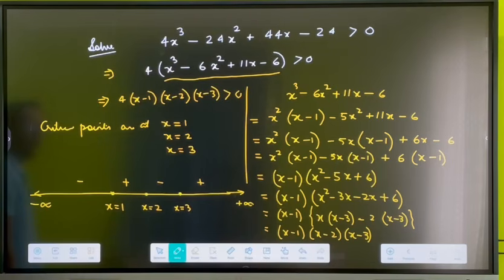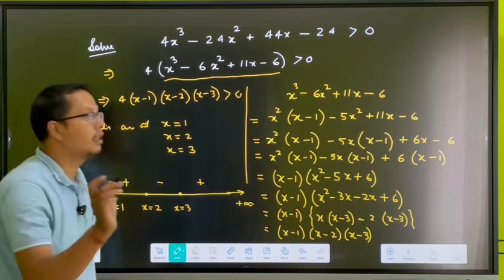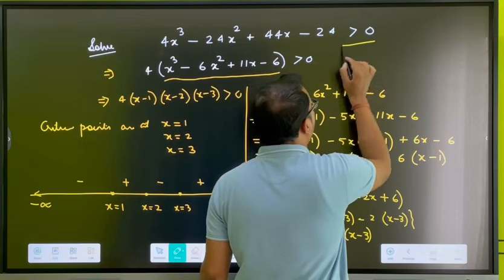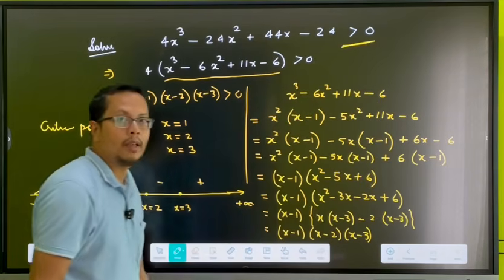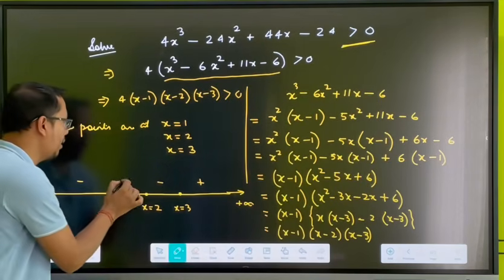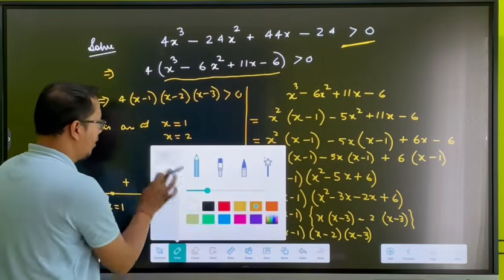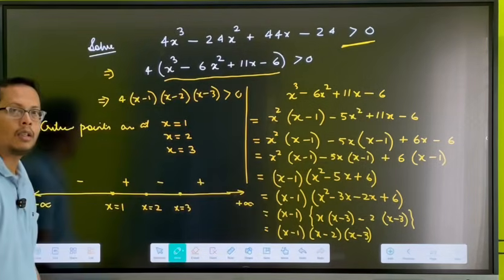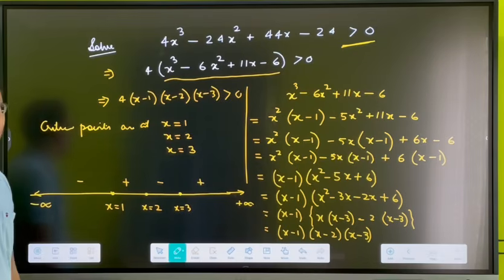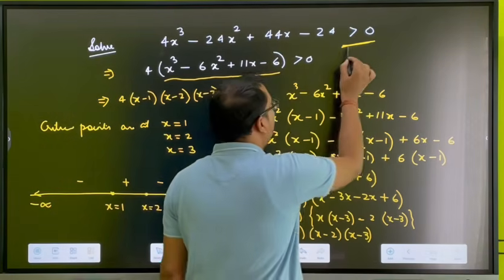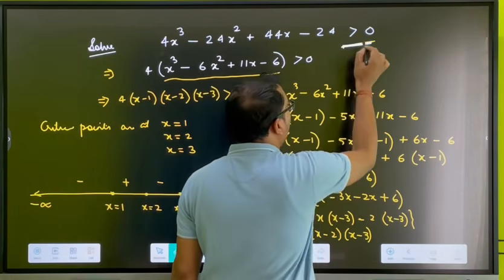Now, to find the solution set, it is given that the expression is greater than or equal to 0. So we will target those intervals where there is only a positive sign, because the question asks for greater than or equal to 0.